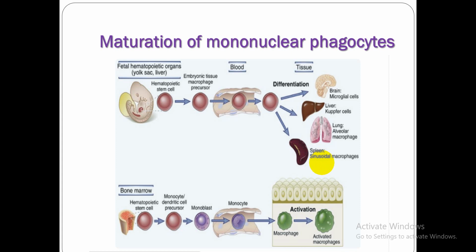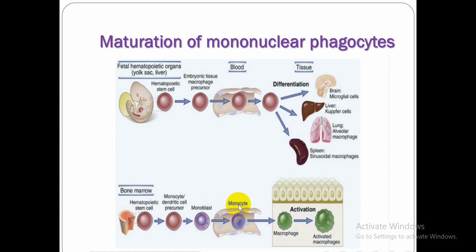But we have another population of macrophages which are differentiated from monocytes. As you see, these macrophages originate from hematopoietic stem cells, and these hematopoietic stem cells could produce monocyte-dendritic cell precursors, and they differentiate to monoblast and then monocytes.